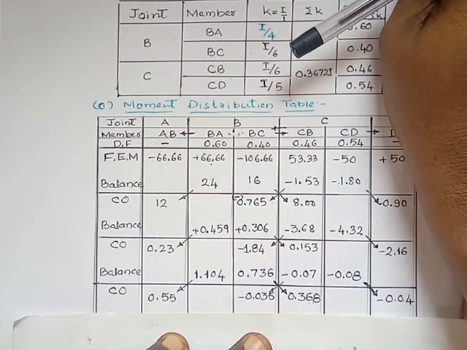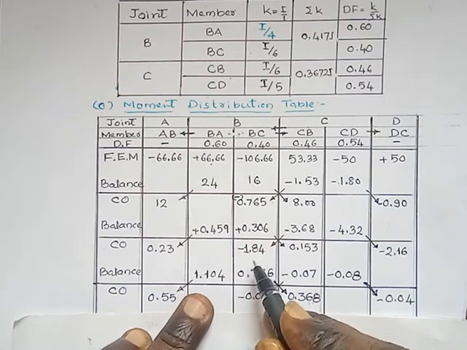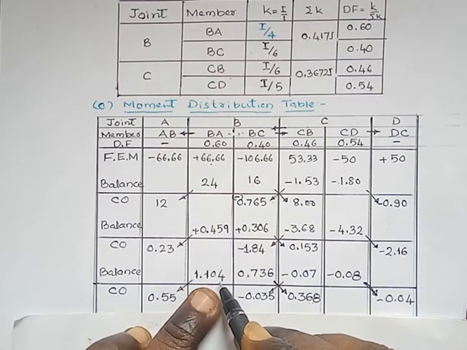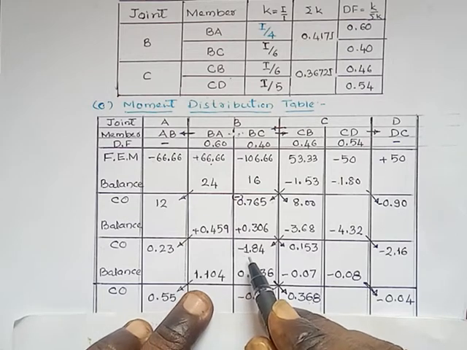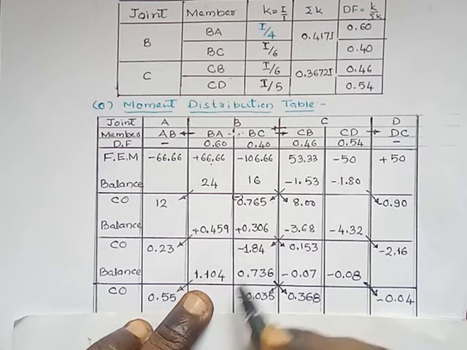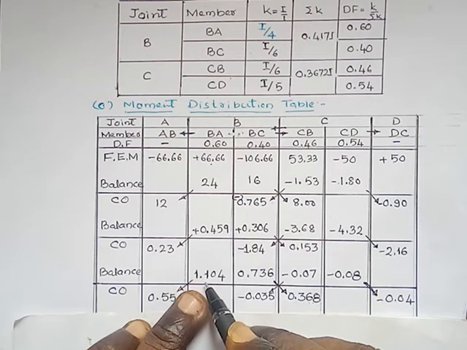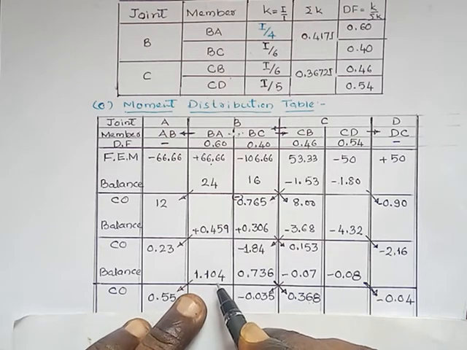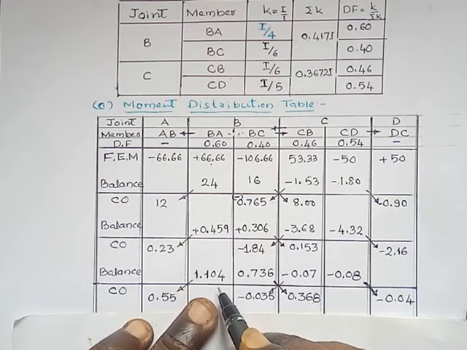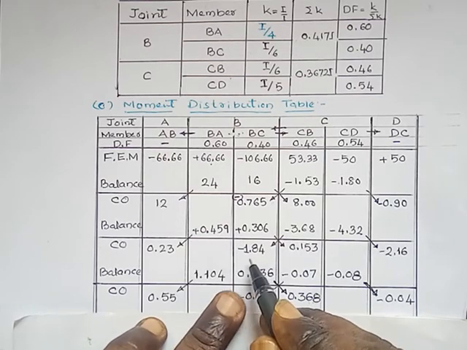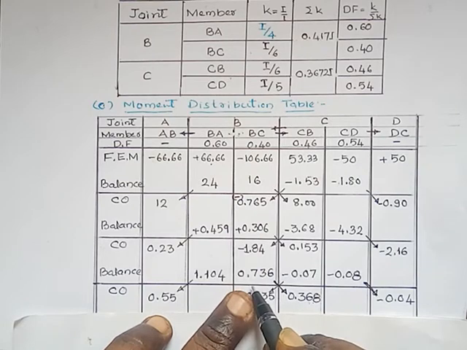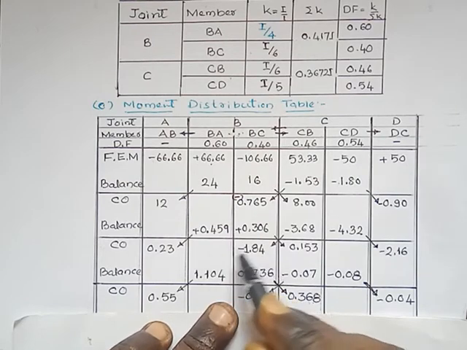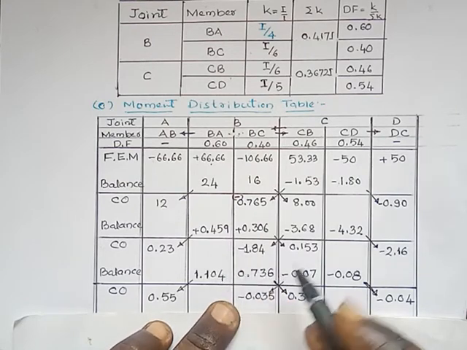We have to add plus 1.84. Plus 1.84 into 0.6 is 1.104, and plus 1.84 into 0.4 is 0.736. Now this joint is balanced.